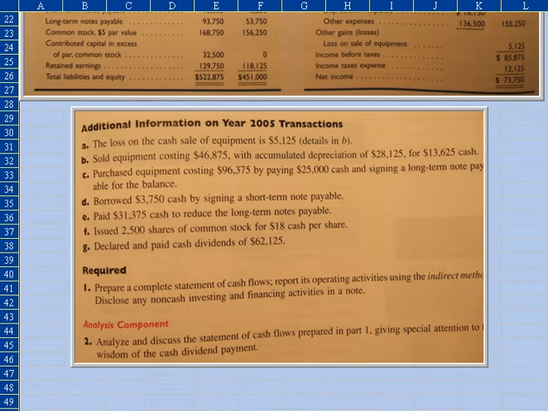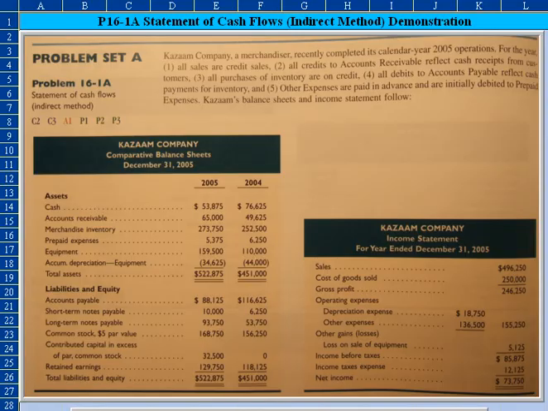Now, rather than have me read all of these, why don't you pause the tape right now and read through the screen, and I'll come back in about 5 seconds and I'll page down so you can read through that as well. Okay, so why don't you pause it right now and read through the top part.